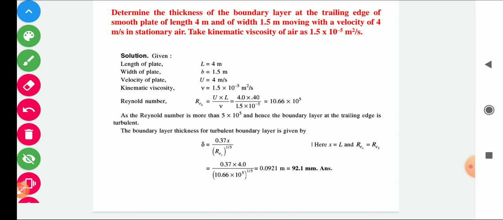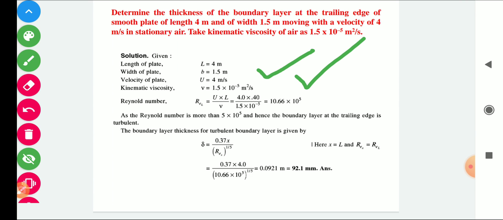Again, we have to calculate the boundary layer thickness, that is delta. Now the length of the plate is 4 meter, the width is 1.5 meter, the velocity is 4 meter per second, and the kinematic viscosity is 1.5 into 10 to the power minus 5 meter square per second.